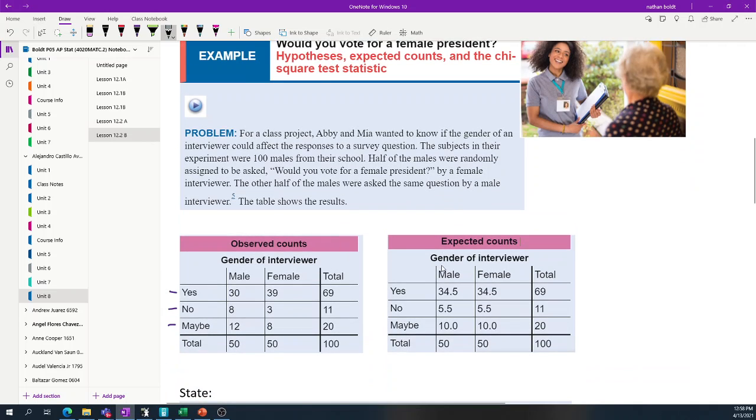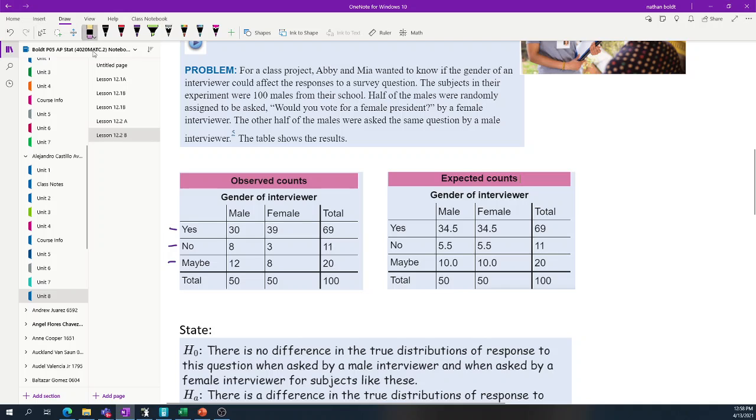So here we've got the table of their results, okay? As you can see, this looks like a two-way table, right? It's not just one row of information. We've got the gender of the interviewer on the top, and then the answers along the side.